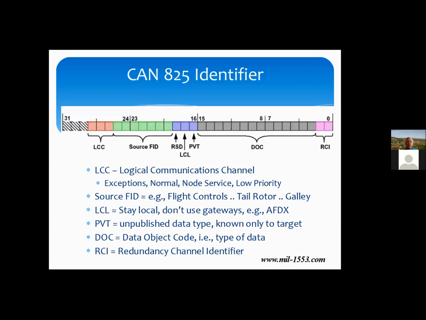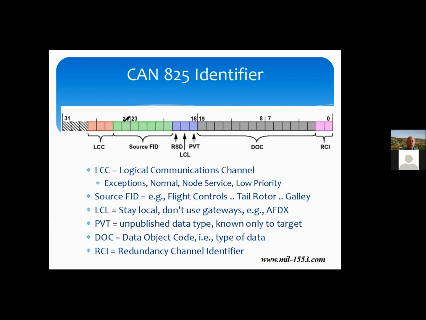If you know where the data is coming from, that gives you an idea of whether you're interested in the data and what kind of data you're likely to get, right? So an inertial navigation system is likely to give you things like altitude, latitude, and longitude. It is less likely to give you information such as how hot is the oven. And the galley is the reverse.